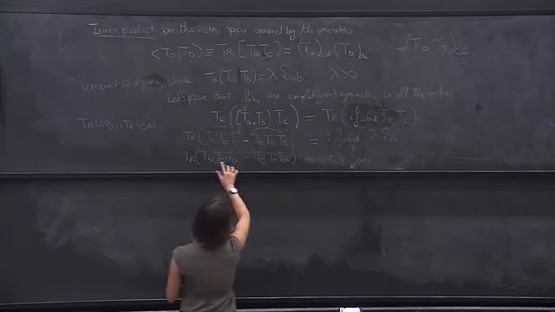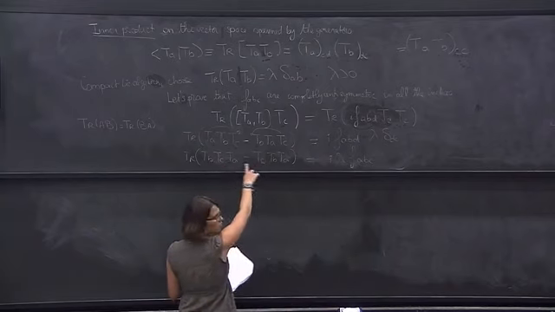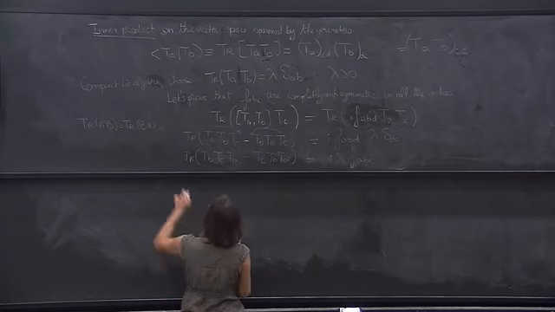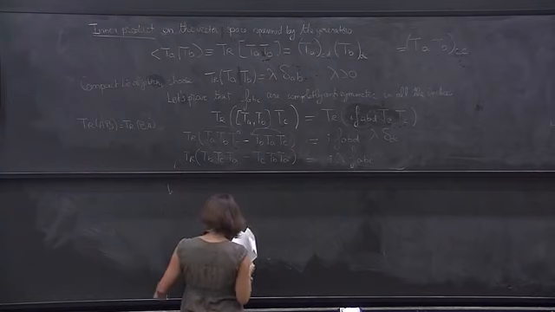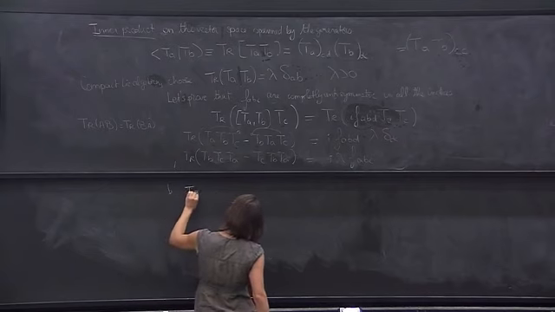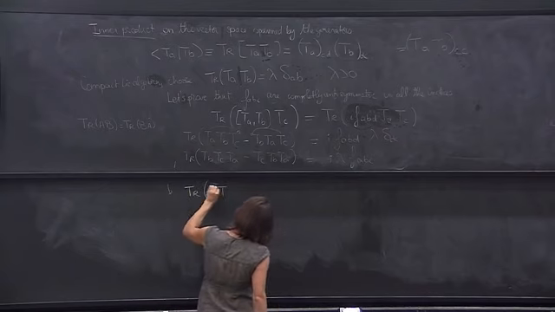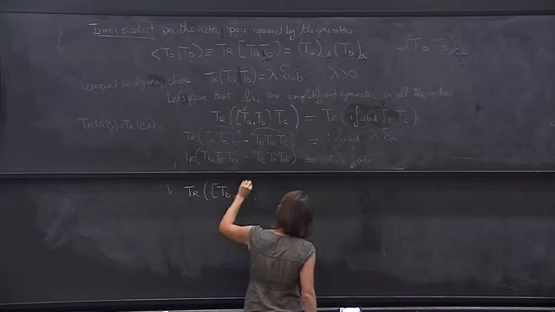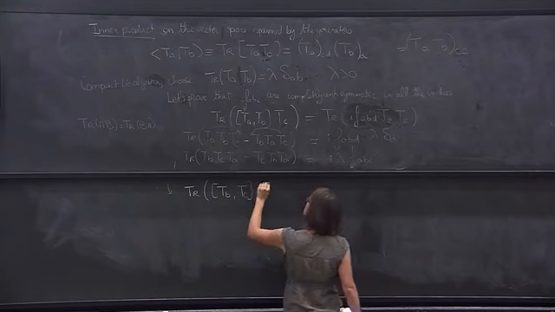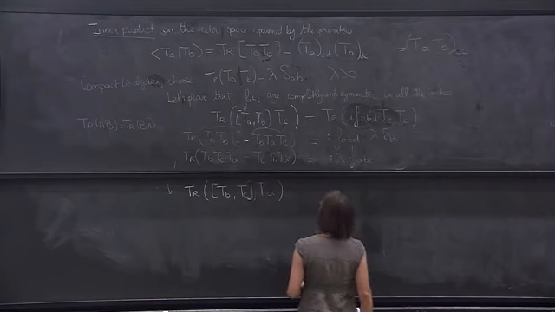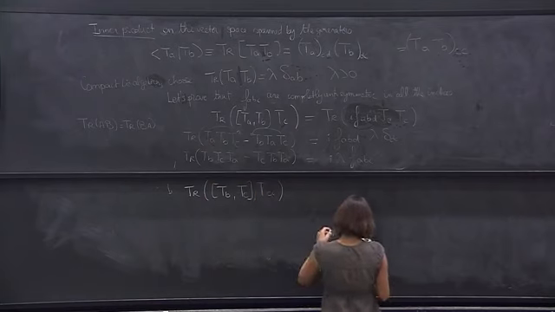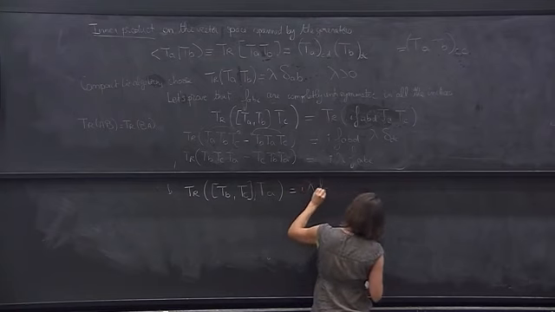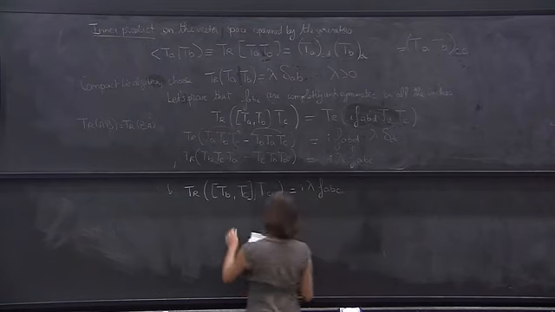So here, what do you see now? You see that we have the commutator of T B with T C appearing in this term. So if I go from here to here, this is also the trace of the commutator of T B with T C times T A. And of course, this is still equal to I. Let's keep this side like this. But from this side, what do you get?